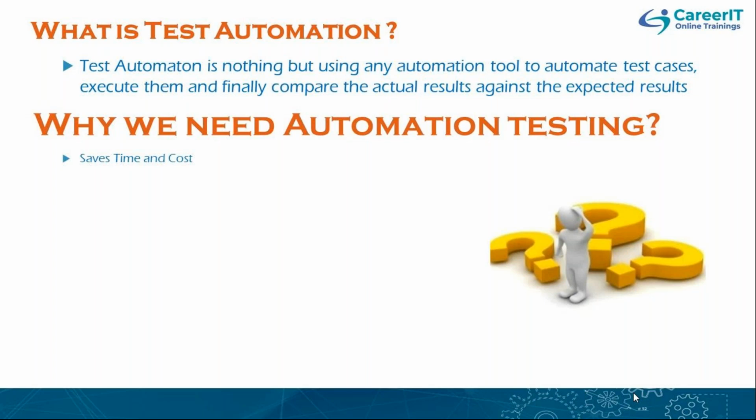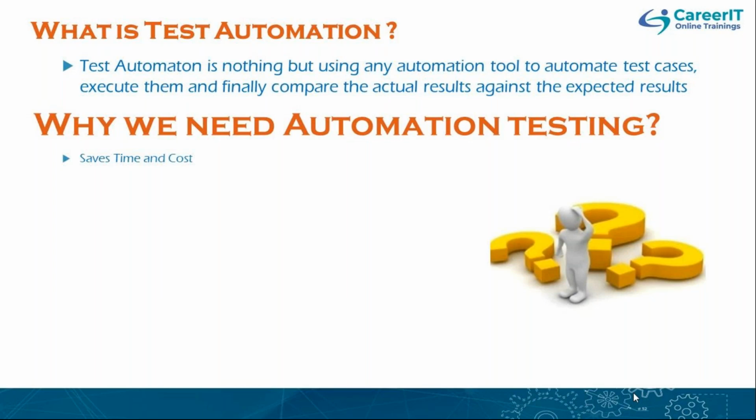That's where you can save a lot of time and cost, because once you have automation implemented in your project or product, then you can reduce the resources. Suppose you can reduce the manual resource count, because you have already automated everything. You cannot take out all the manual testers.